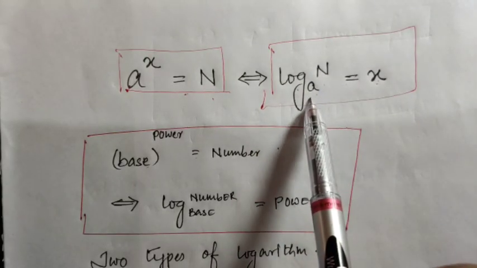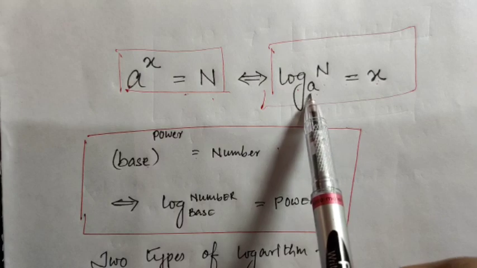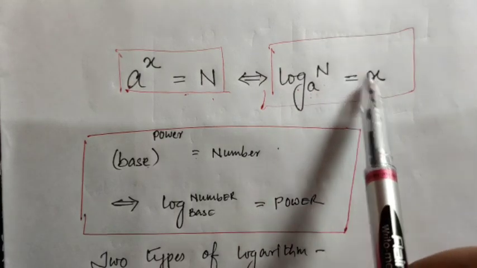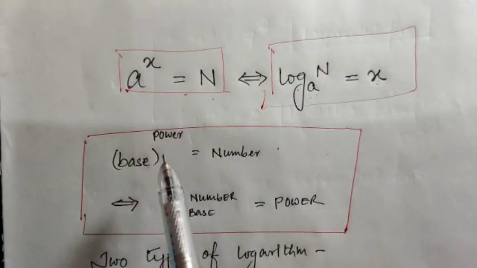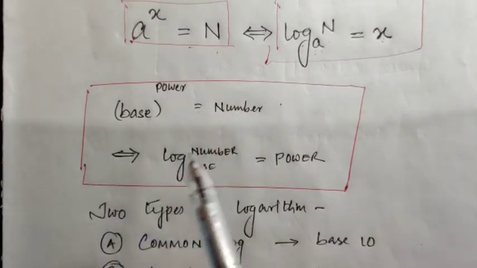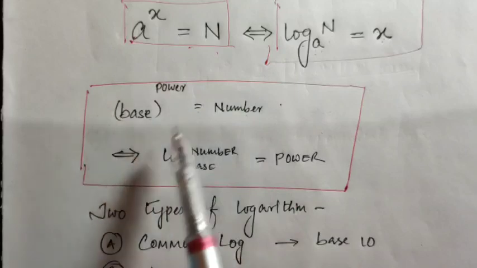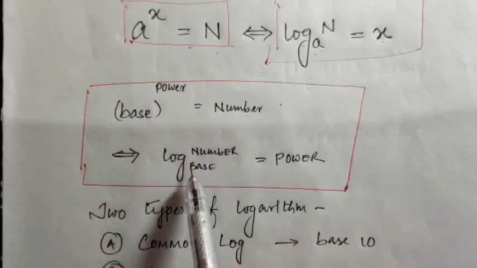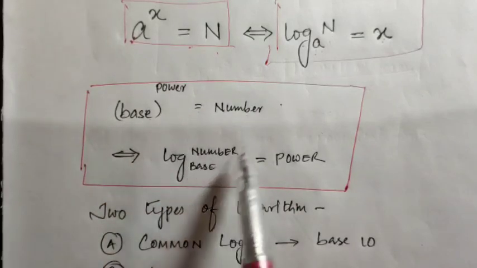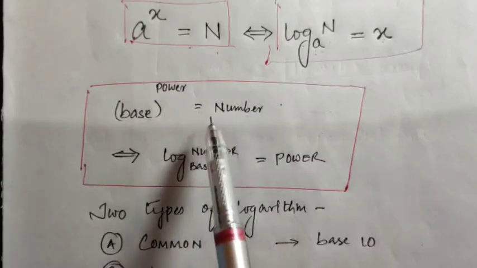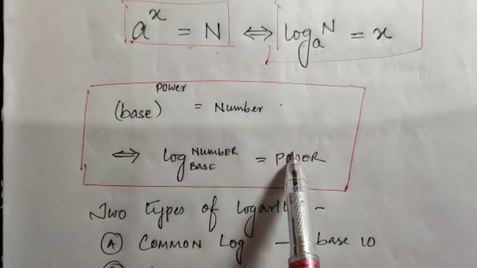That means if we raise a to the power x, the answer will come n. So this is the map. Base power is equal to n is the exponential form, and in the same thing, the same base is here, this number will come here and the power will come on the RHS.